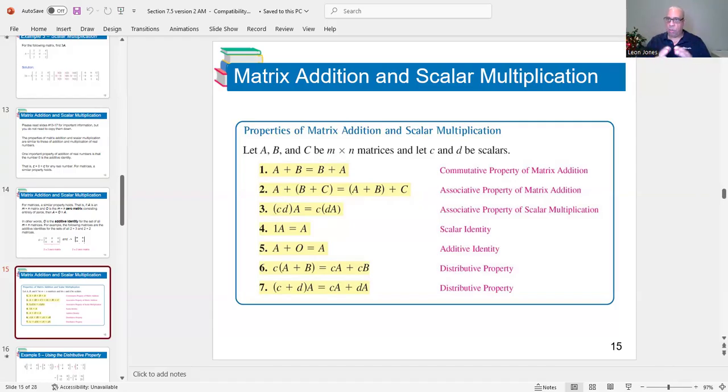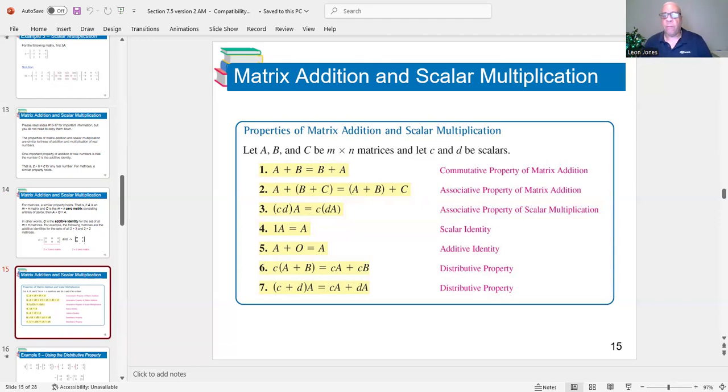What we mean by the commutative property is if I have two numbers and I switch them around, I should get the same number. Let me give you an example. A commutative property would be if I add 2 plus 4, I get 6. But then if I switch numbers around and have 4 plus 2, I get 6.